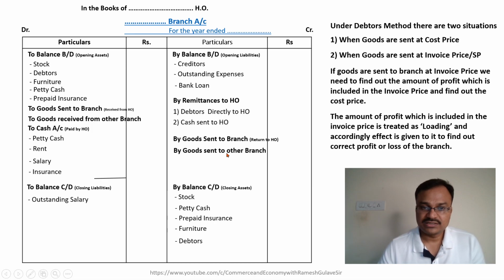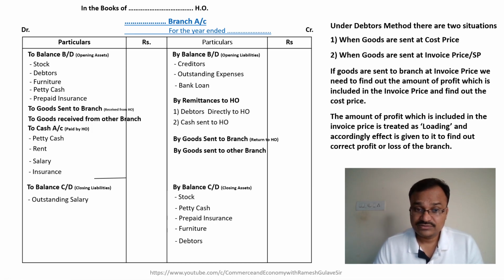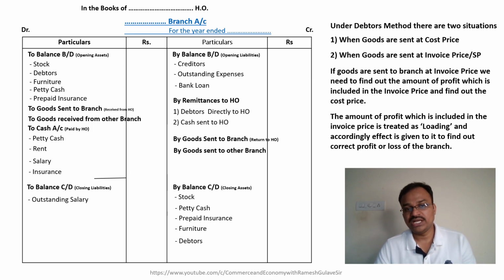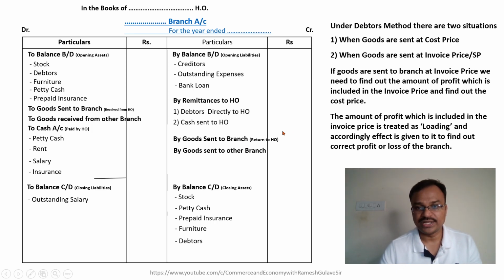Similarly, if goods are sent by our branch to other branch, in that case also we need to calculate the amount of loading, right? So in this way we have to prepare branch accounting under these two situations.